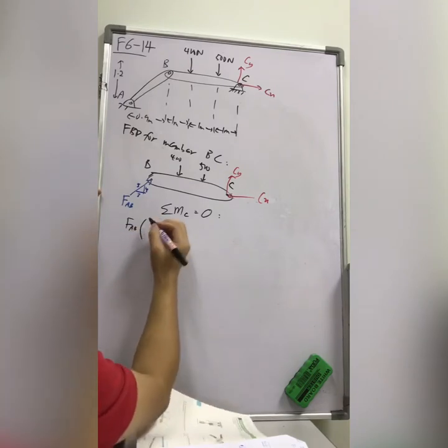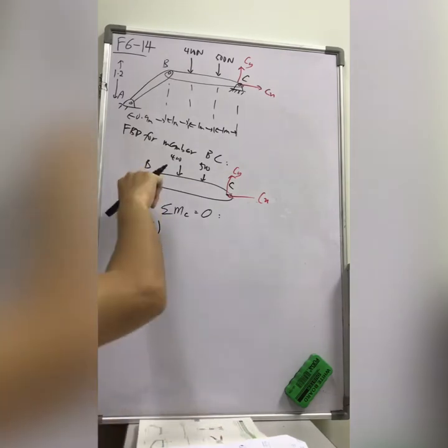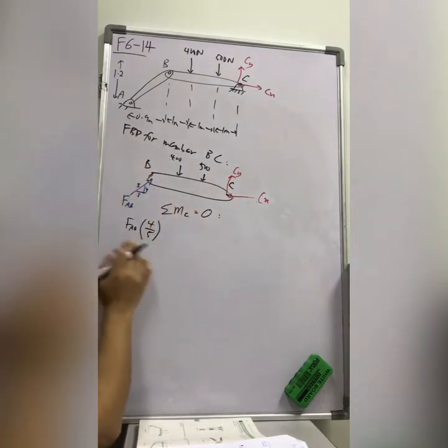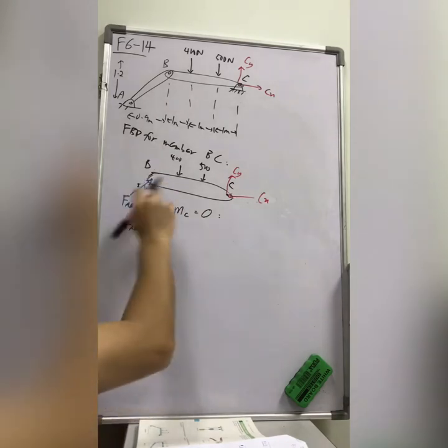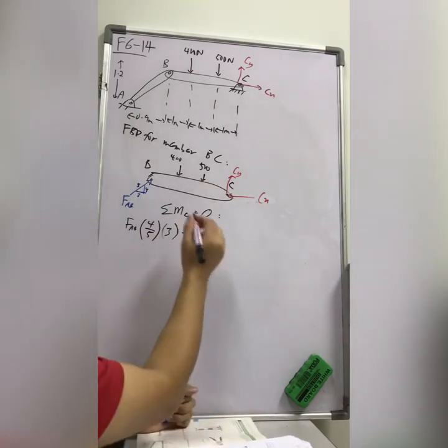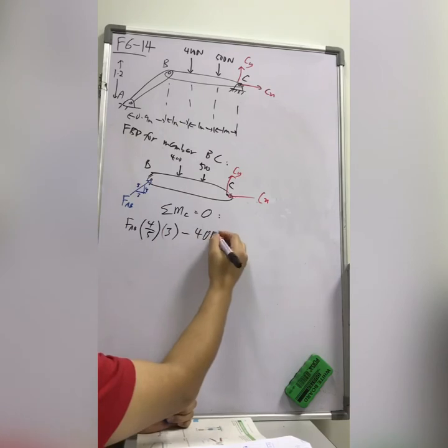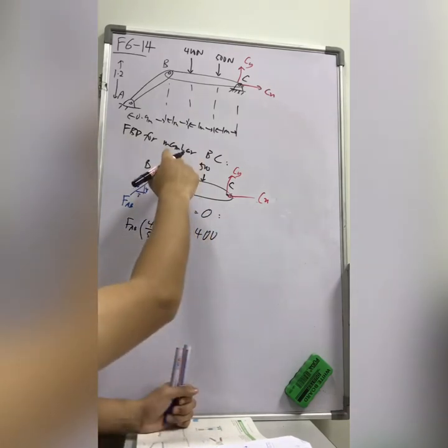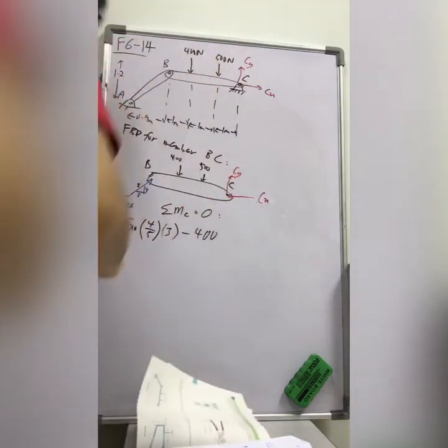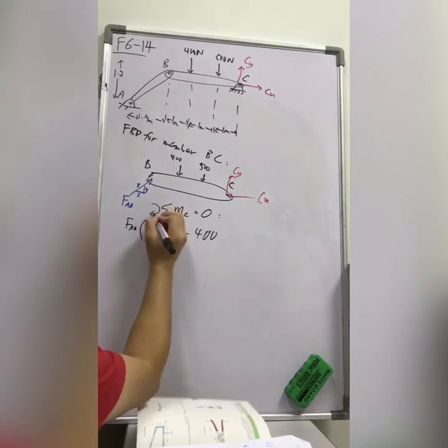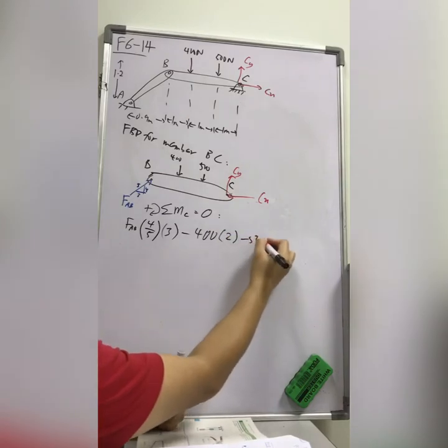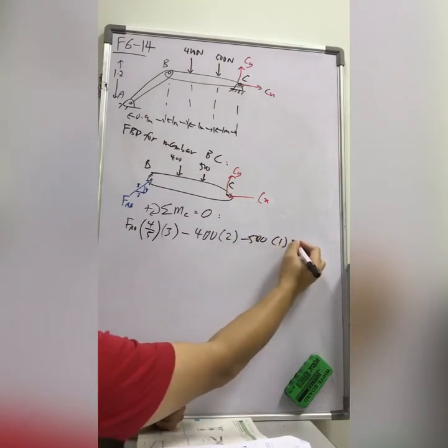The vertical component of FAB is 4/5, so 4/5 FAB times 3 meters, minus 400. Why this minus? Because the 400 Newton does a moment which is counterclockwise. Assuming clockwise direction as positive, 400 times 2 minus 500 times 1 equals 0.